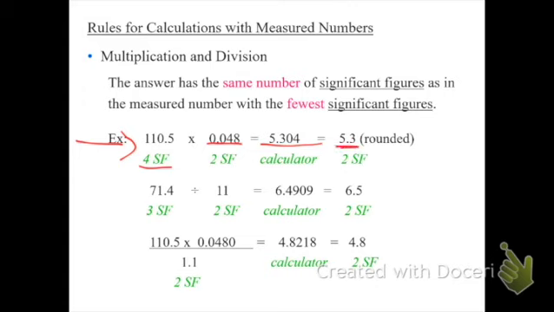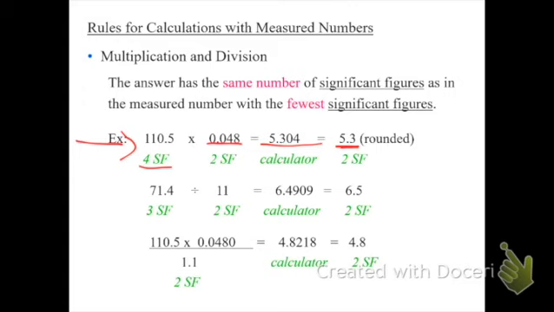So you can see how those two things we learned come in handy here: counting and rounding, because that's what we're doing. I know that we all can just do these multiplications and divisions, but it's really important that you can count, you can round, and understand these significant figures.